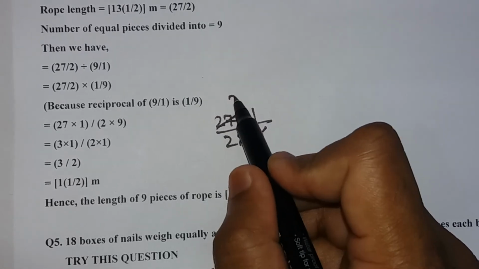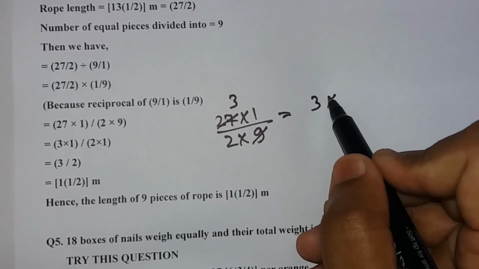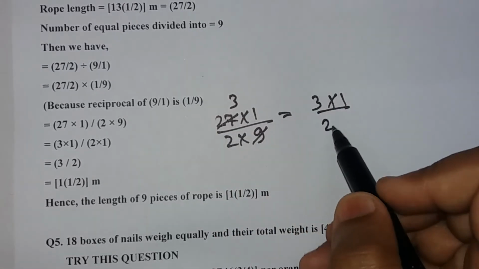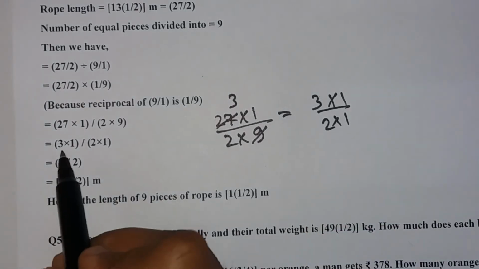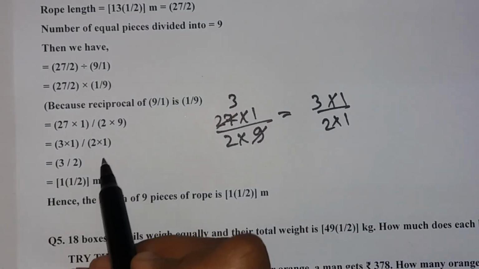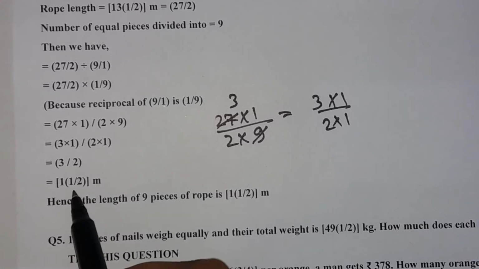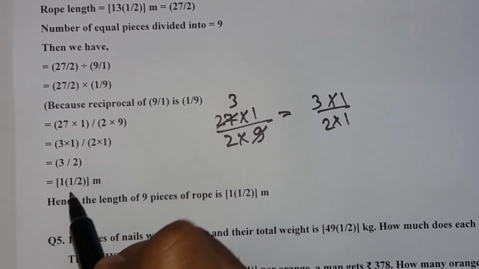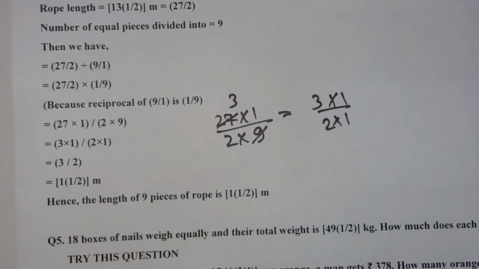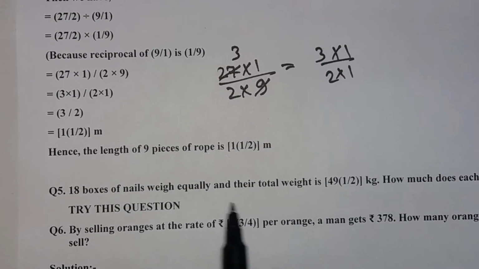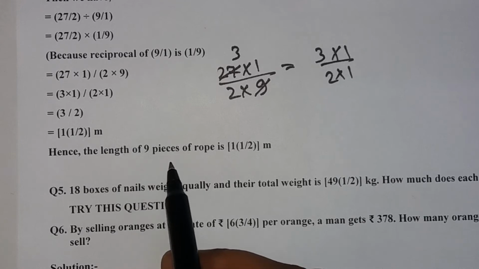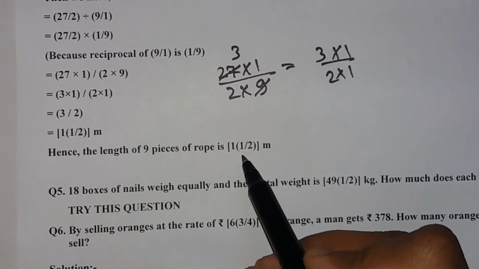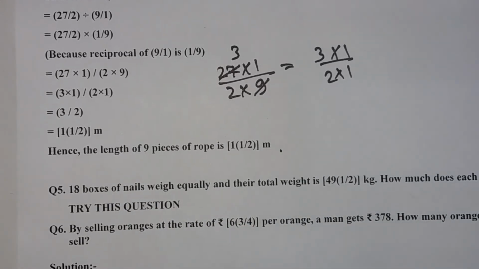We can cancel it 3 times. So 3 into 1 upon 2 into 1. So 3 1 is 3 and 2 into 1 will be 2. So we can say 3 upon 2. By converting it into a mixed fraction, it will be 1 whole 1 upon 2 meter. Therefore we can say, hence the length of each piece of rope is 1 whole 1 upon 2 meter.